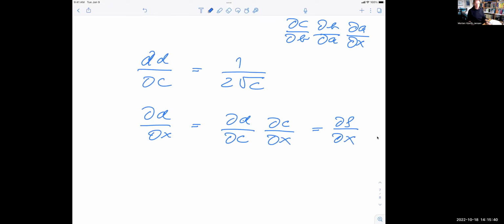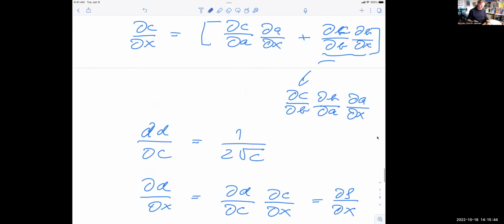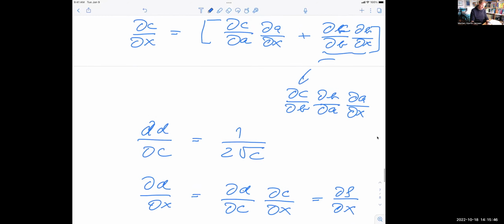This is the derivative we want to have here. Now, you see that in these calculations we already have the value for dc/dx. So repeated application of the chain rule is something which is going to give us the derivatives.